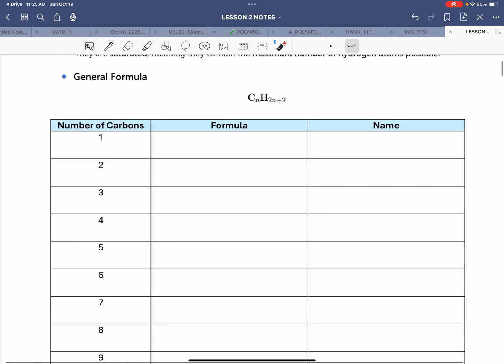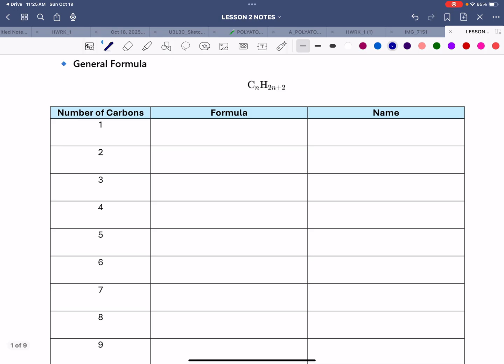So let's get started. We're going to name hydrocarbons from 1 to 10 carbons. If the number of carbons is 1, then the number of hydrogens is going to be double of 1 and then add 2. And that will make this CH4. The next hydrocarbon has 2 carbons, and we have hydrogen 2 multiplied by the number of carbons and then plus 2, and that will make C2H6.